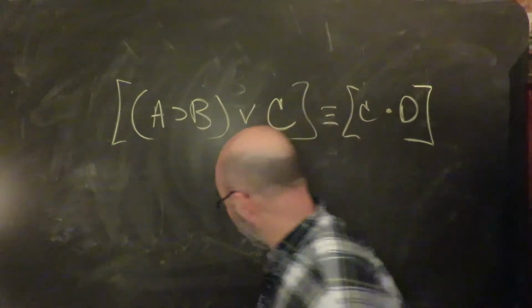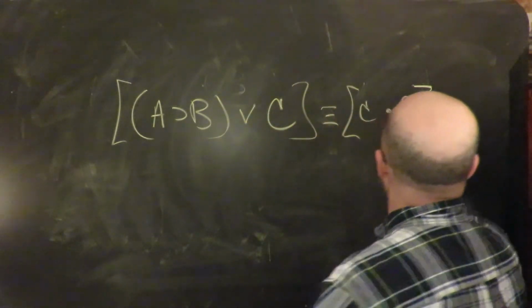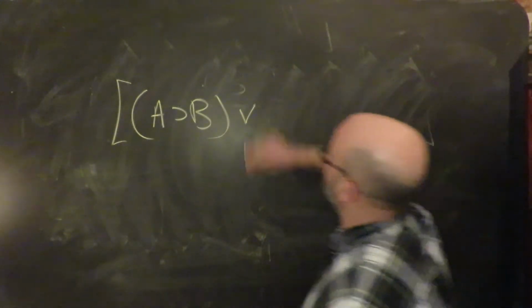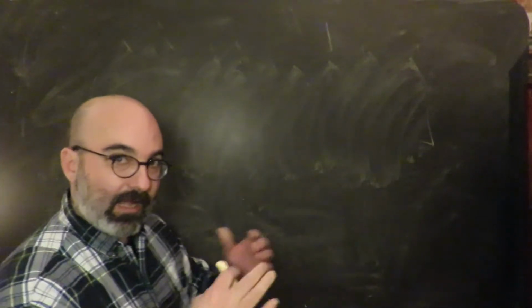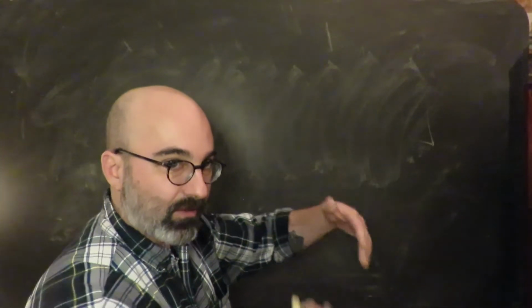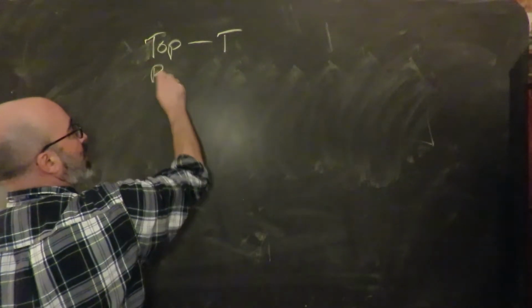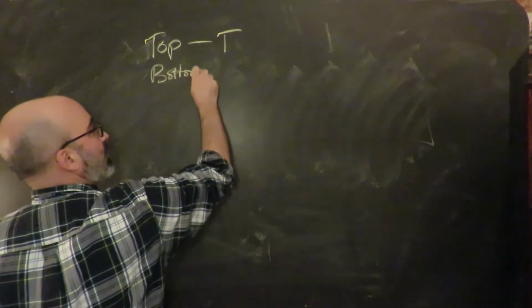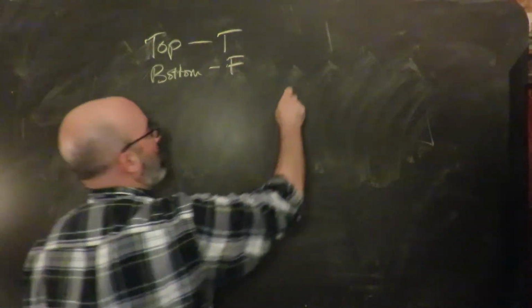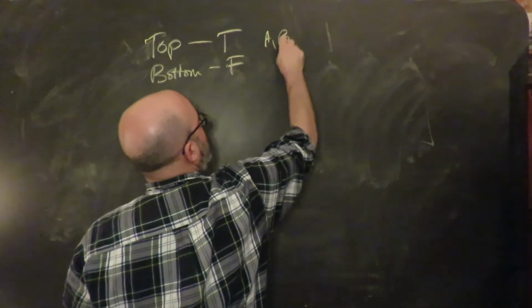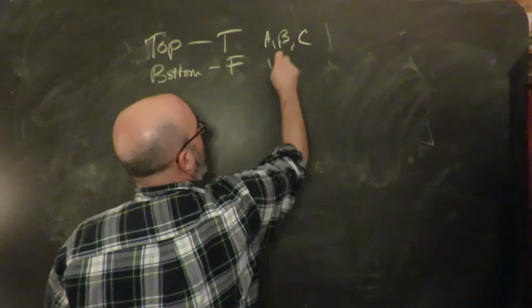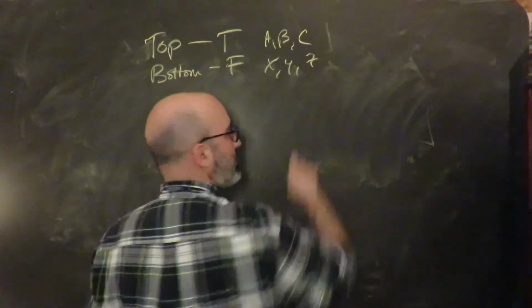Now, let's do a little bit of practice computation. Let's imagine that any proposition letter at the top of the alphabet is true, and all propositions at the bottom of the alphabet are false. So A, B, and C, those are going to be true. X, Y, Z are going to be false.